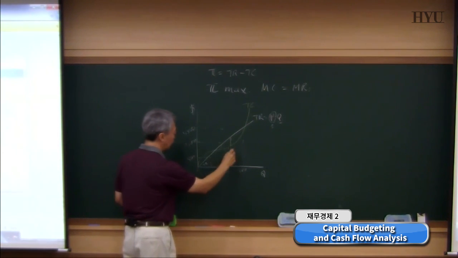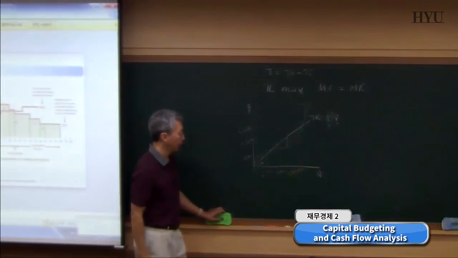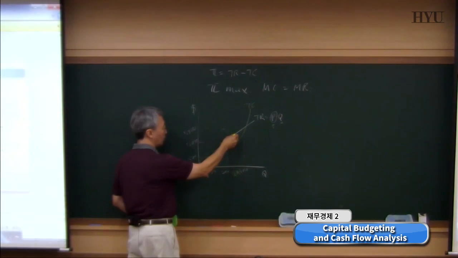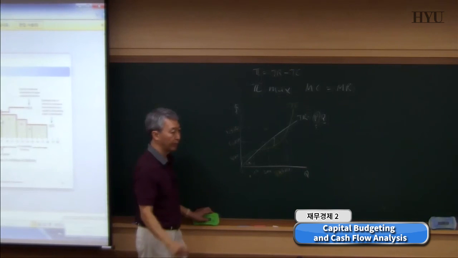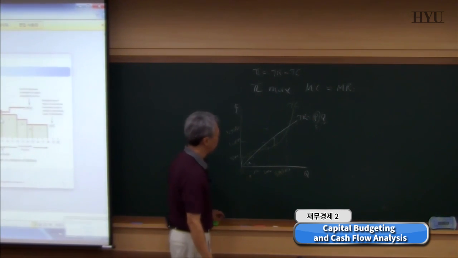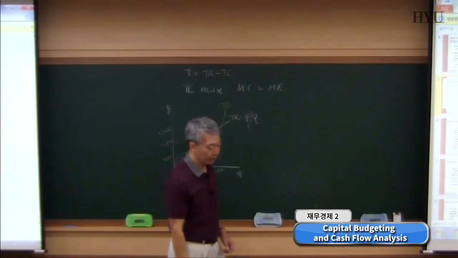So that's the profit maximizing quantity, because we're talking about the difference between total revenue and total cost. That's the profit. All right. So when do we have this maximum profit?